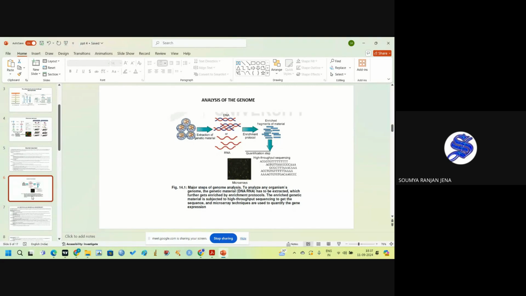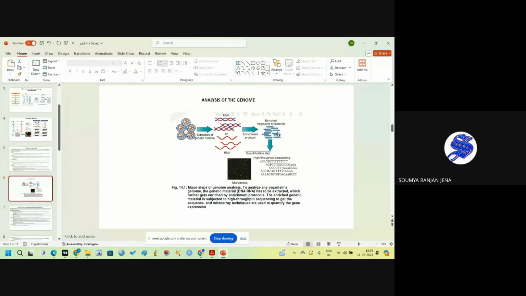Then, if you go to analyze the genome by different techniques, this is the cell, and we have to extract the genetic material first, that is DNA or RNA. Then we enrich or fragment the DNA or RNA by DNA enzymes, RNA enzymes, or restriction endonucleases.